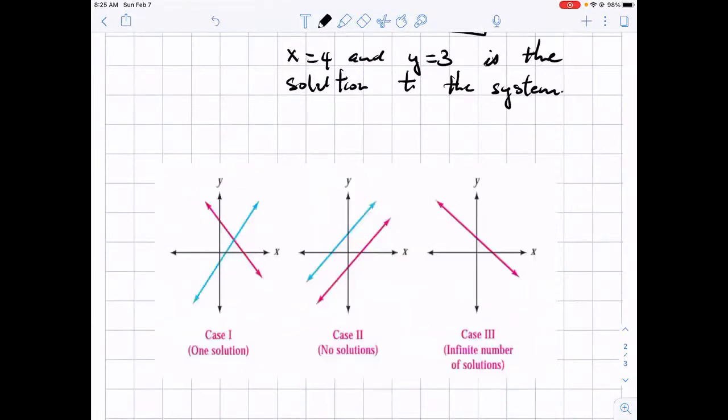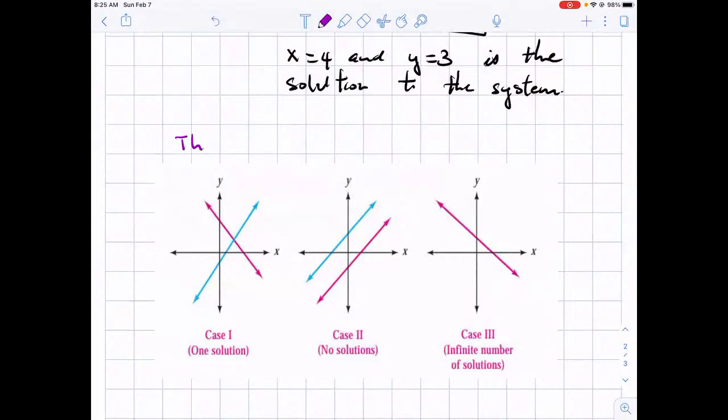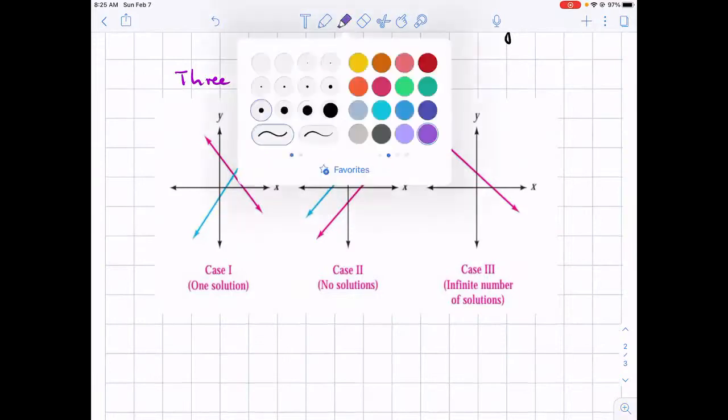So here are the 3 scenarios that you will see whenever you graph 2 lines. The first case is what we've just looked at.